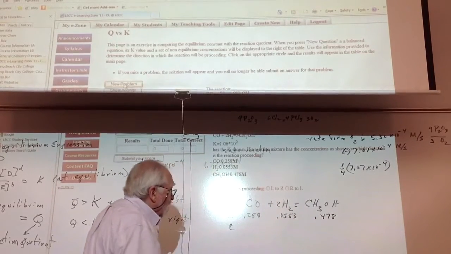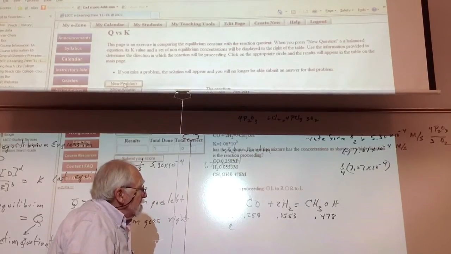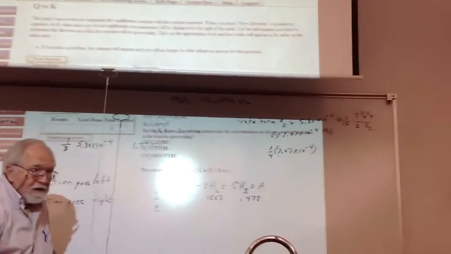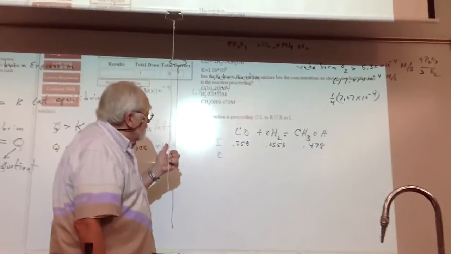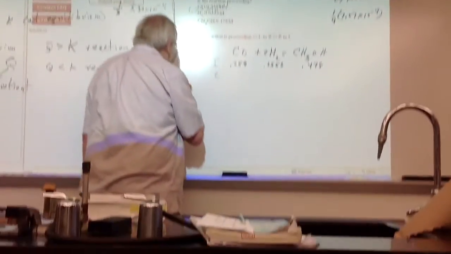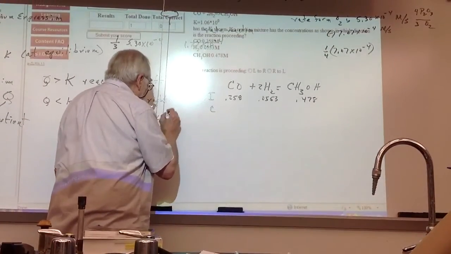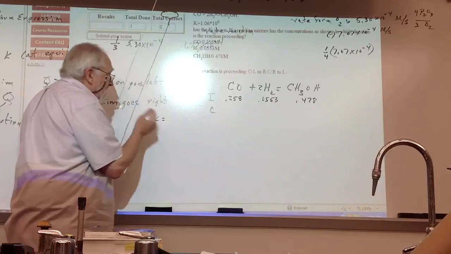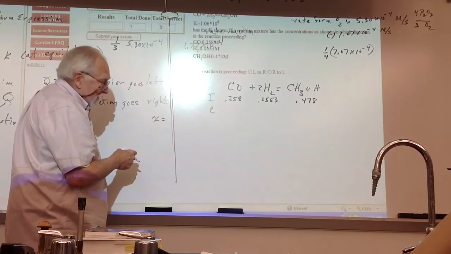Here's the change. I call it delta. And the reaction is either going to go left or right to get the equilibrium. And I'm going to say X is the amount that it goes. So X, this is the change, which I call X because I don't know what it is.